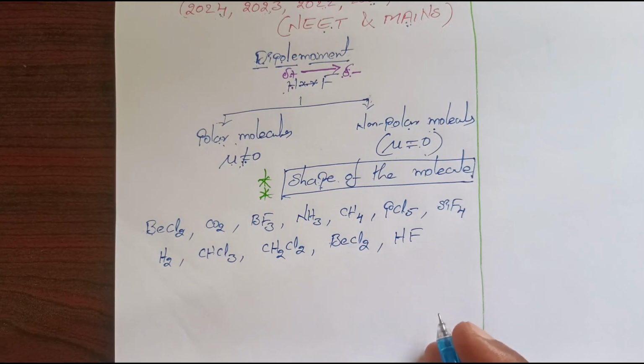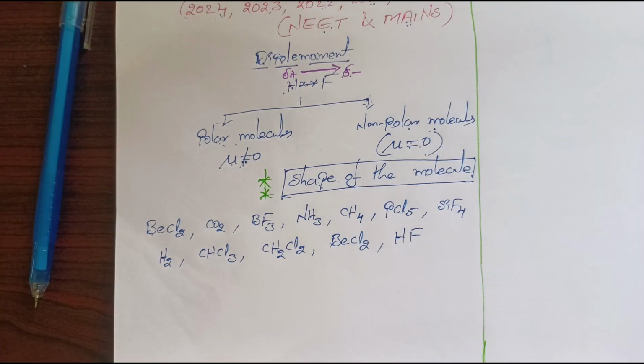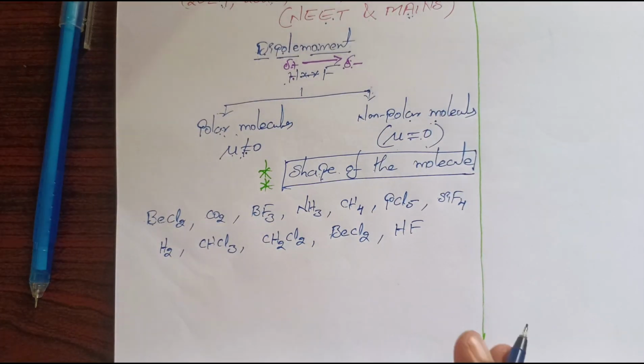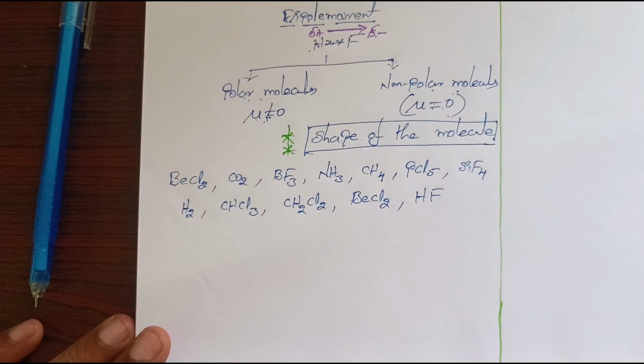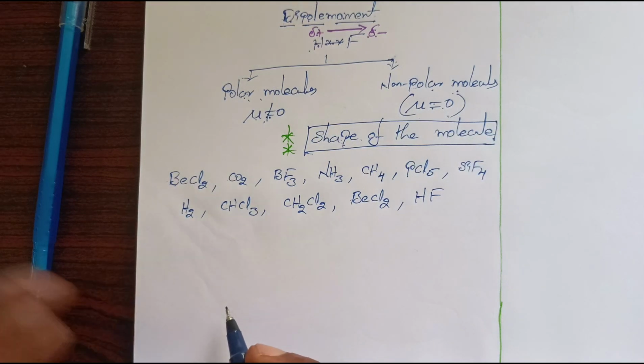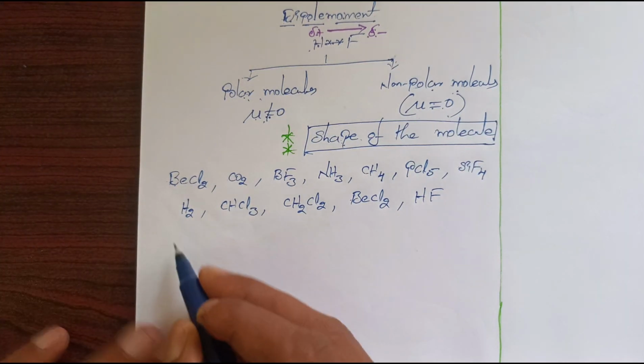Different molecules are there, many examples are there. Look at the molecules one by one, and their shapes. If you know the shapes of the molecules, understanding dipole moment is easy, and we can easily predict polar and non-polar molecules.